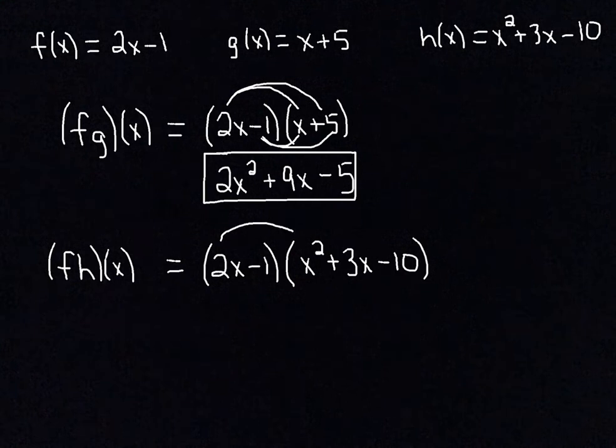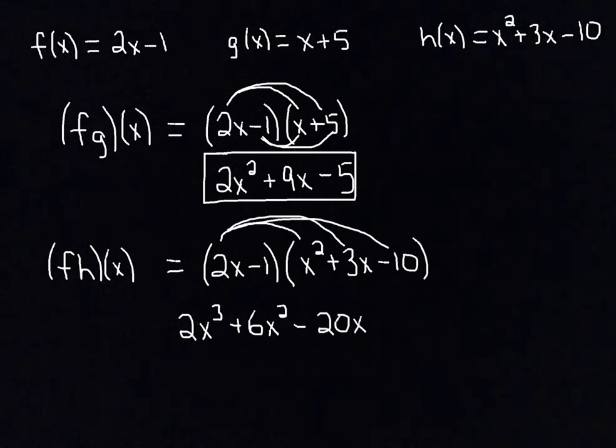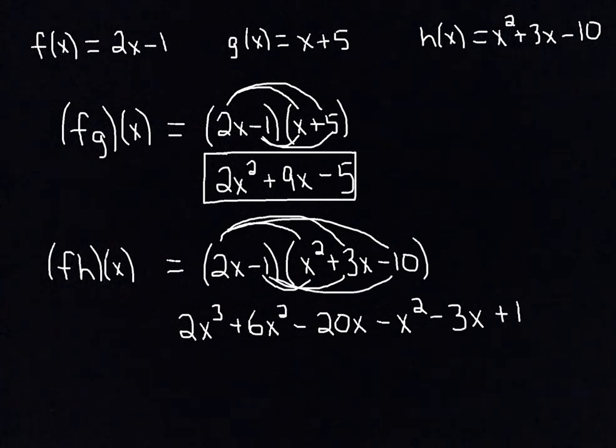So 2x times that is 2x cubed. 2x times that is 6x squared. And 2x times that is negative 20x. Now, distribute the negative 1 through. So this times that is negative 1x squared. This times this is negative 3x. And negative 1 times negative 10 is going to be positive 10.